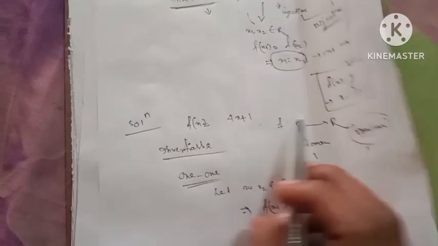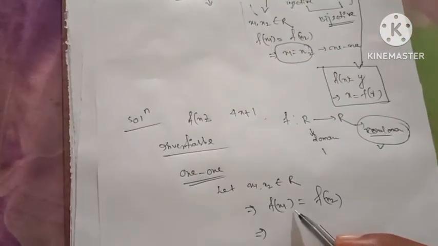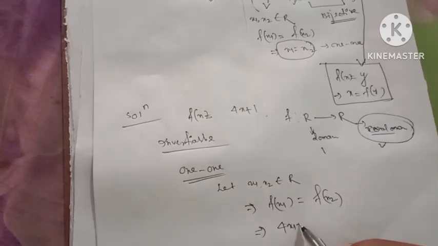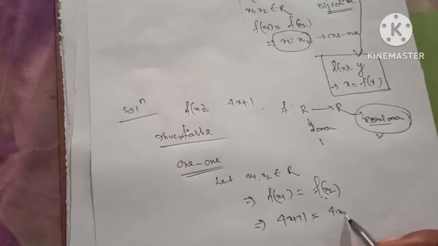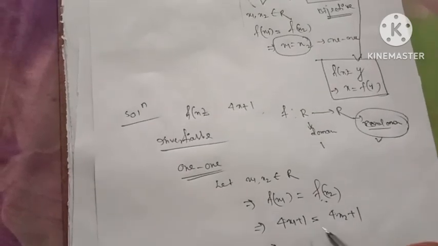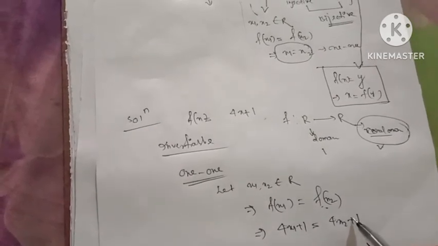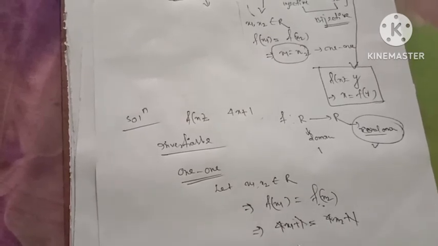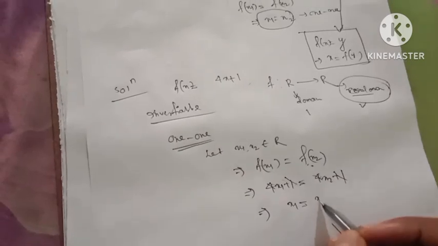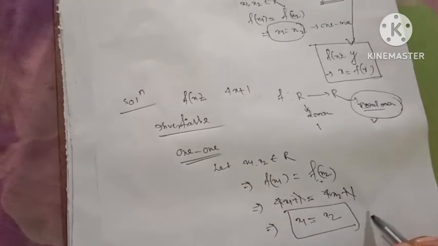Then f of x1 becomes 4x1 plus 1 and f of x2 becomes 4x2 plus 1. The 1 and 1 cancel out and 4 and 4 cancel out, then it becomes x1 equal to x2. It means this is a one-one function.